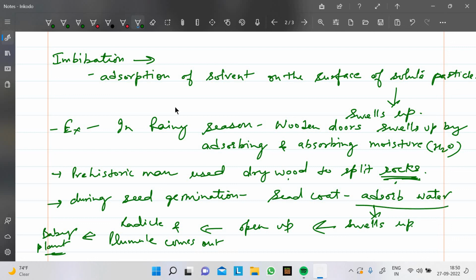Without this process, the radicle and the plumule will not come out, or there will be some resistance.